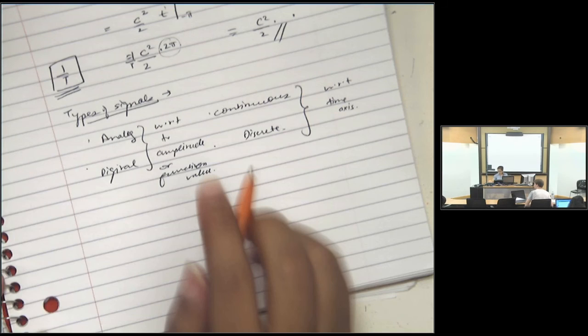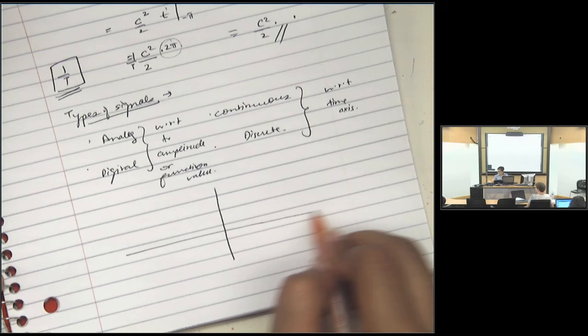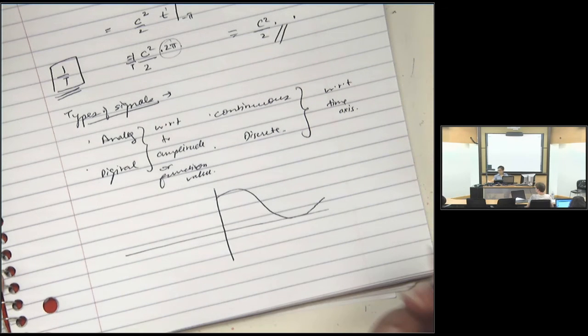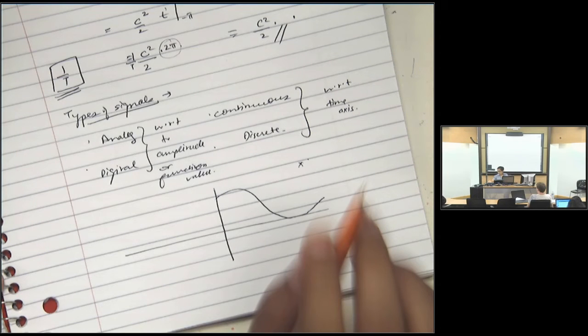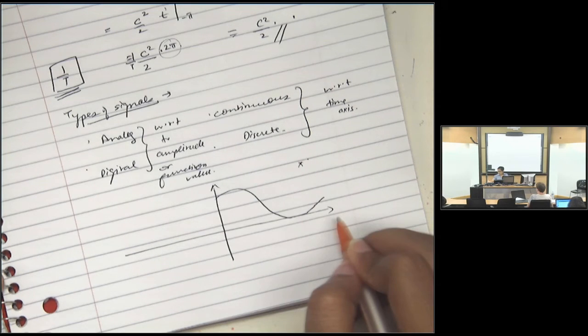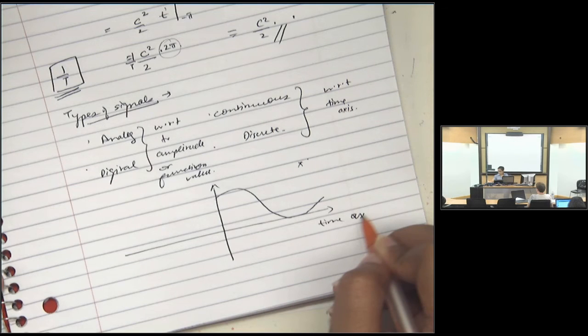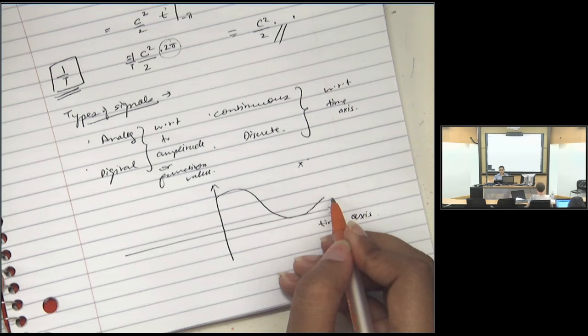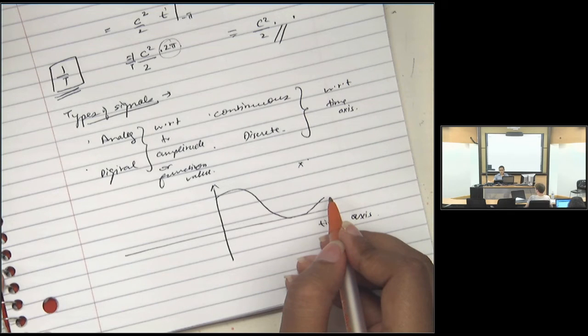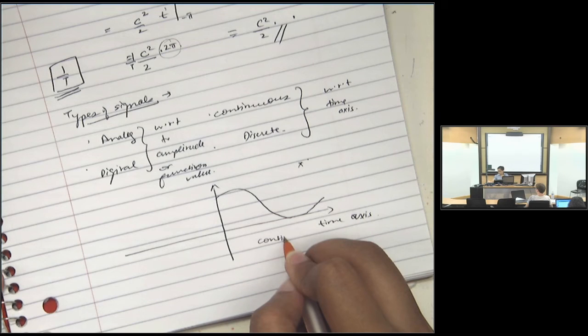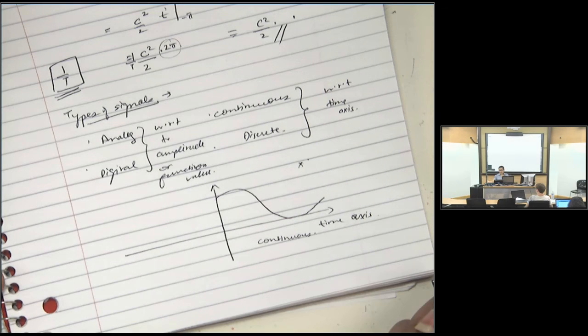So let me tell you what I mean by it. Let's say we have some random function x. This is my time axis. So right now, my time axis is continuous or discrete? Continuous, right? And my amplitude axis, this is my amplitude axis, is?